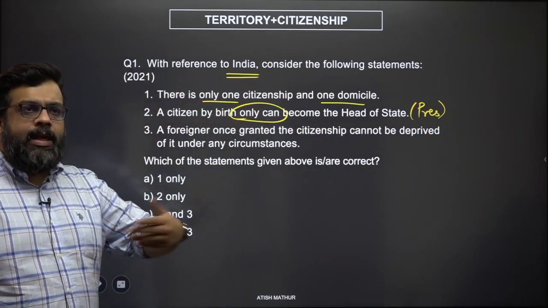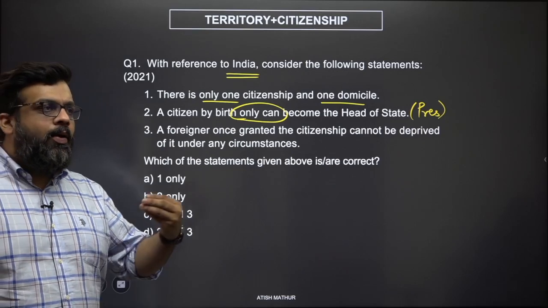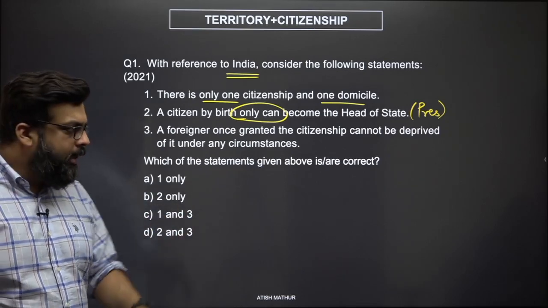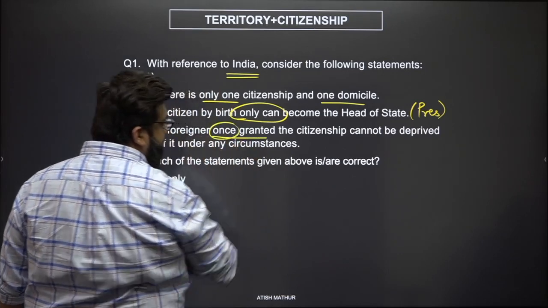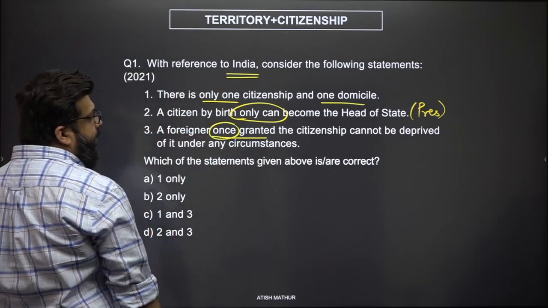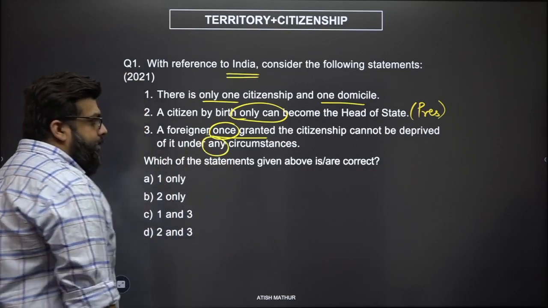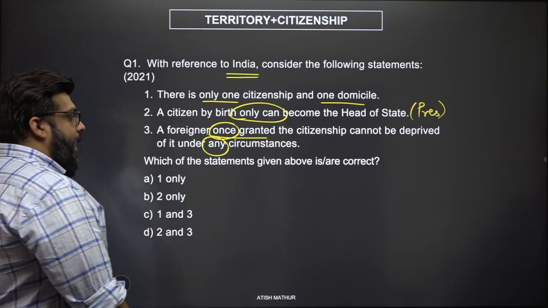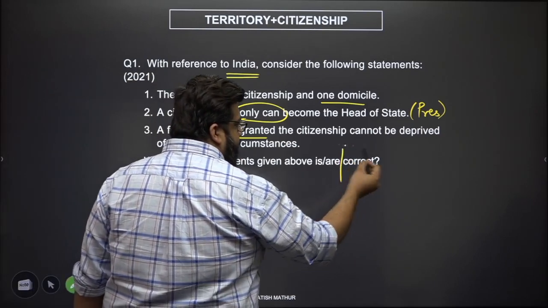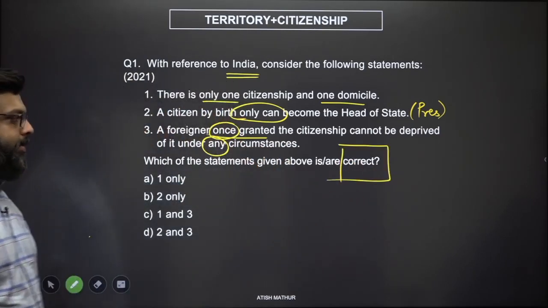Somebody who has naturalization, registration, or descent or incorporation can't. A foreigner once granted citizenship cannot be deprived of it under any circumstances, right? Under any circumstances. And the question is asking which of the following is correct.